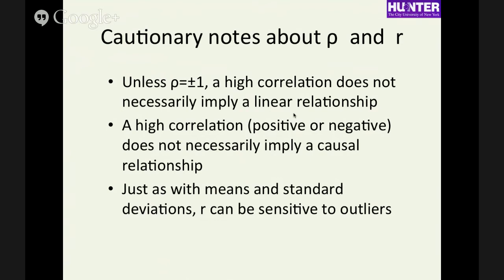There are examples where you could have 50 data points with a correlation of 0, and then one super outlier point could bring your correlation up to 0.8. That can happen. So the linear relationship and outliers are things that are best assessed by looking at your scatter plot.